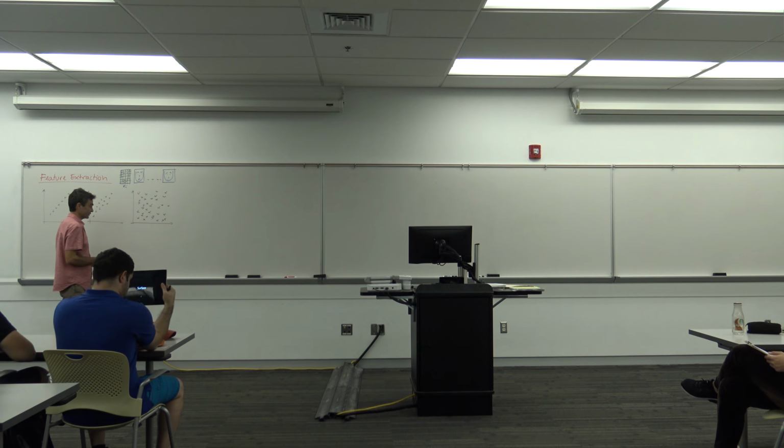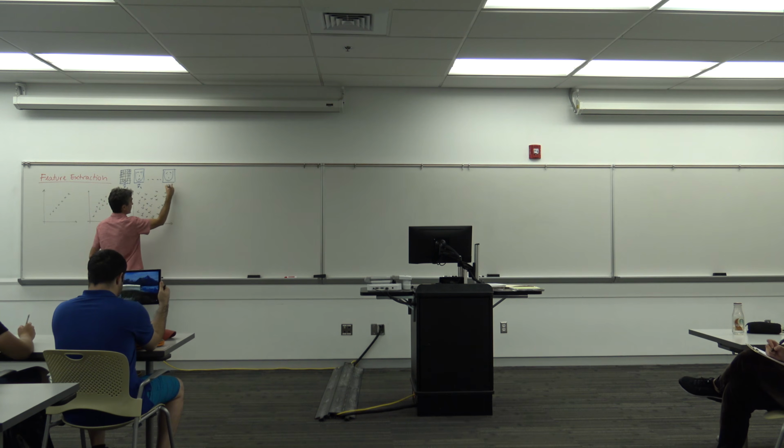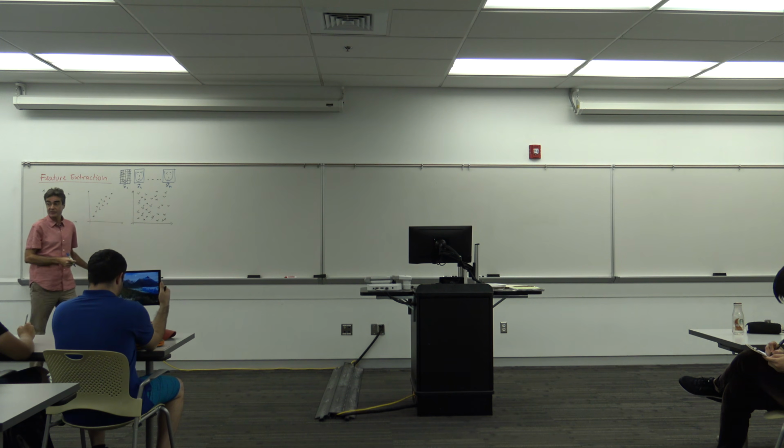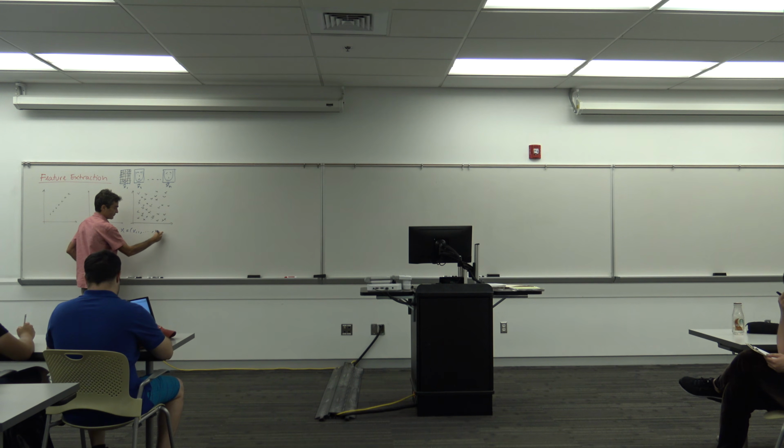So this could go from x1 through xn, where n is the number of samples that we have. And then each xi is a vector represented by a number of pixels. Let's say p is the number of pixels, xi1 through xip.